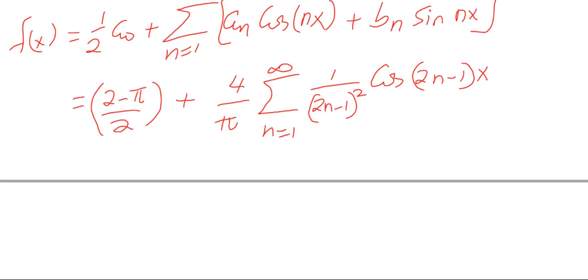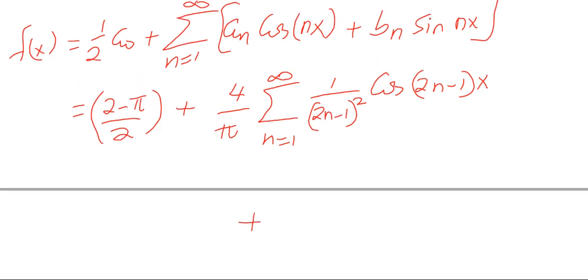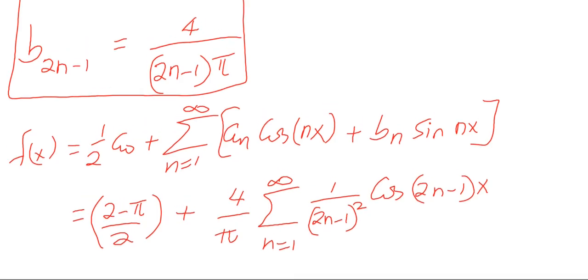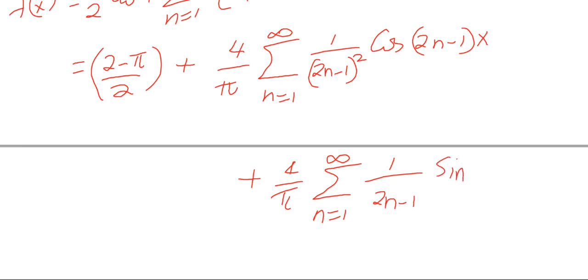Then the next term is plus the Bn here. I will push out the constant 4 over pi. So I write 4 over pi, then the sum from n is 1 to infinity, 1 over 2n minus 1 sine of 2n minus 1 x. So basically this is how you find the Fourier series representation for a given function.